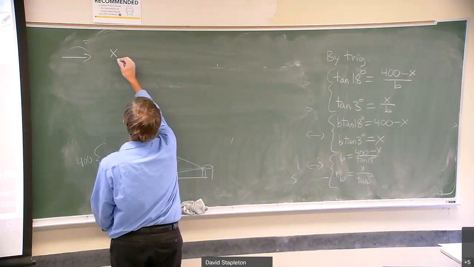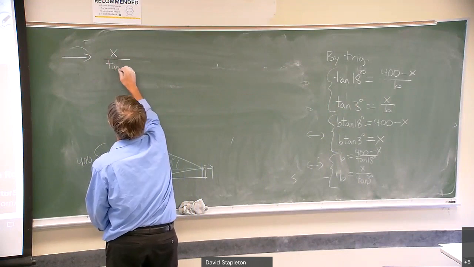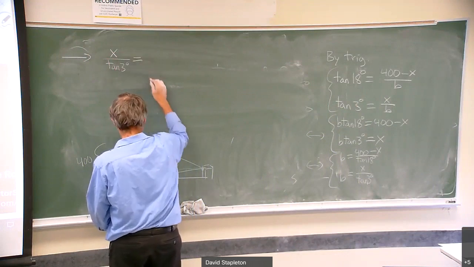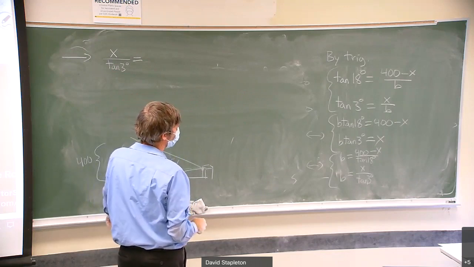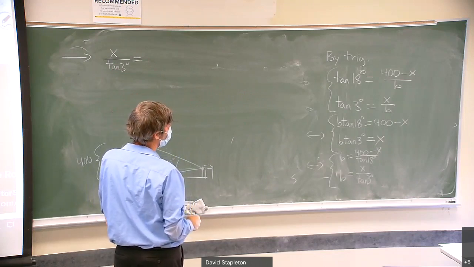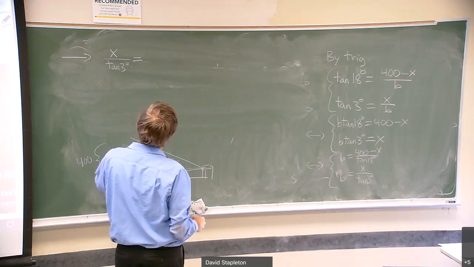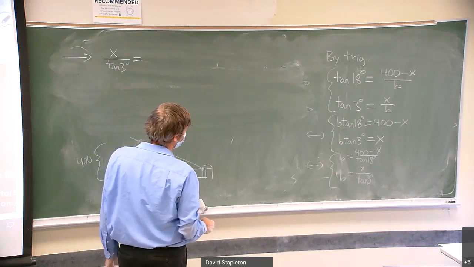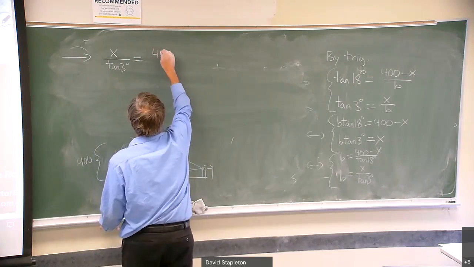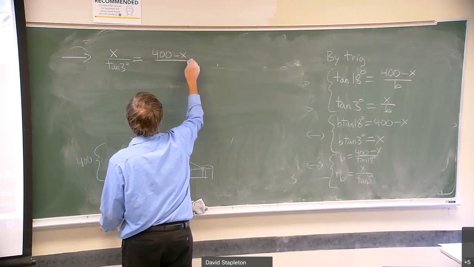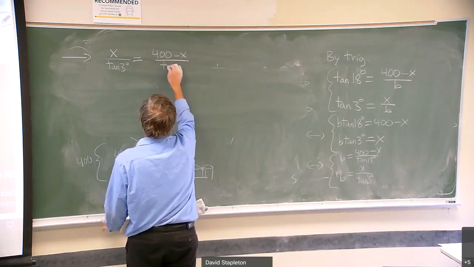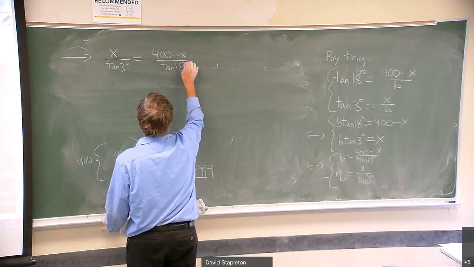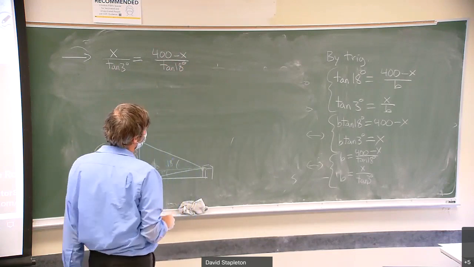X over tangent 3 degrees equals 400 minus x over tangent 18 degrees. And I can solve this for x because now I've got it down to one variable.